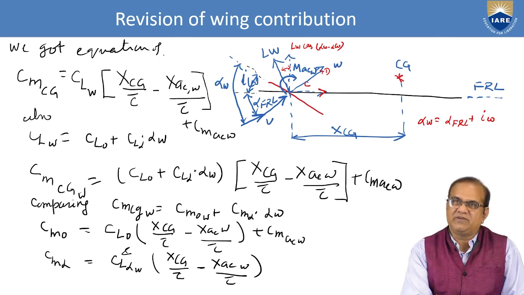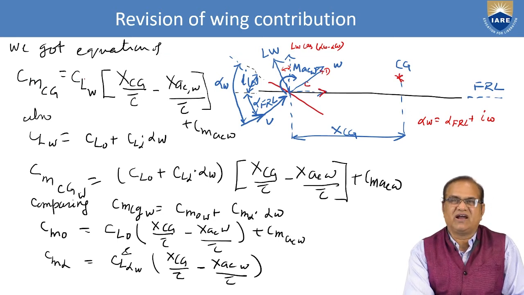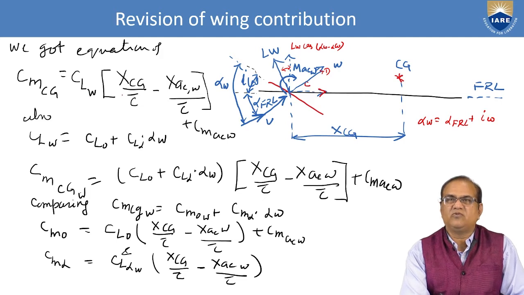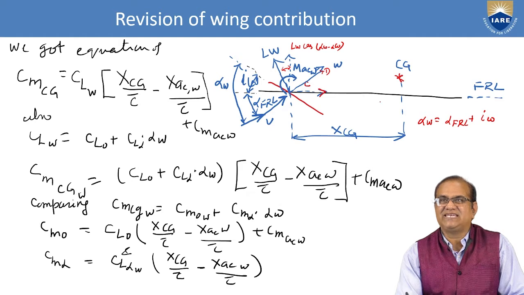You may remember in the last class, number 4, we got the CMCG of this aircraft equal to CLW XCG by C bar minus XACW by C bar. You can see the XAC is measured from here, from the leading edge, not from this point. This is from here to here.